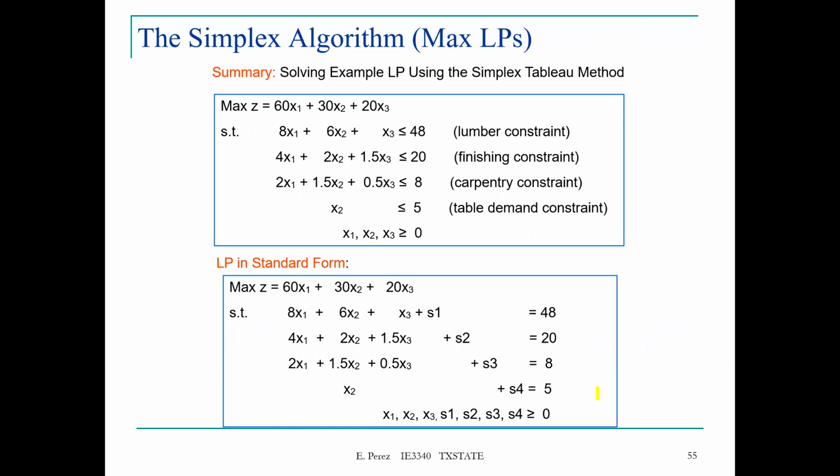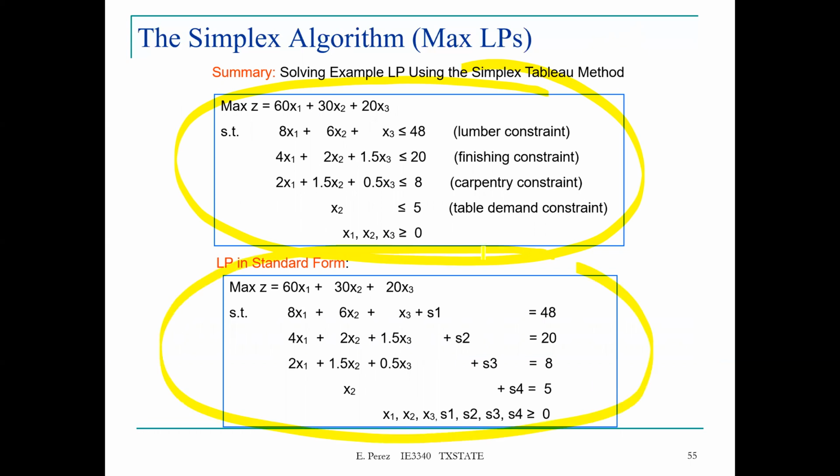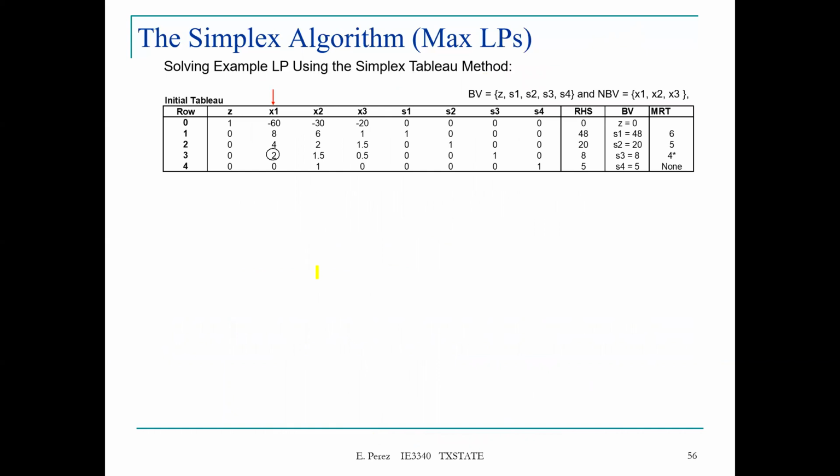So in summary, solving the example LP using the Simplex Tableau method. We have this problem, right? We started with this problem. We put the problem into standard form, and then we set up our initial tableau. We found the basic variables for the initial solution.